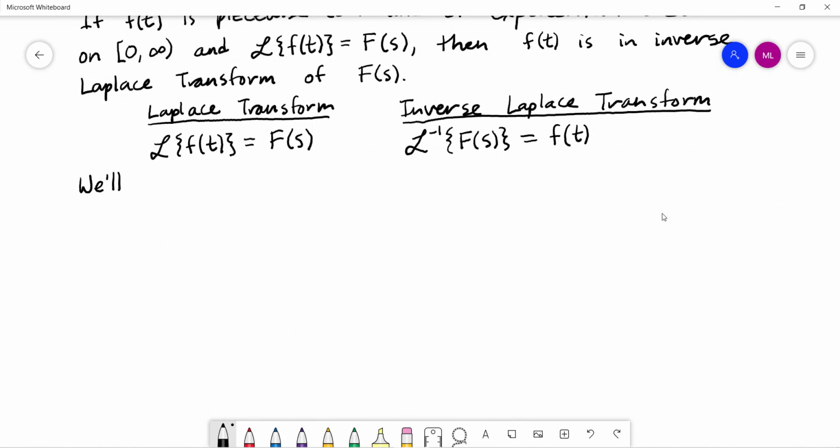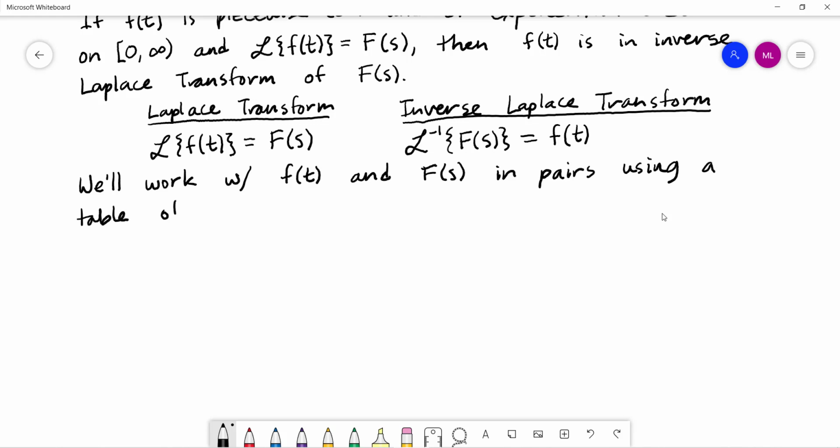We'll work with a bunch of f of t functions and F of s functions in pairs using a table of Laplace transforms.